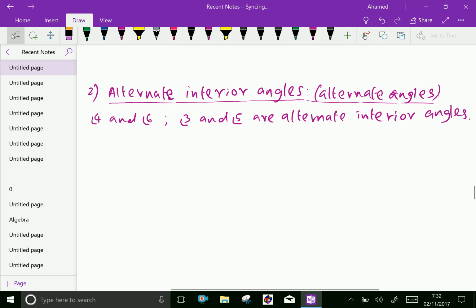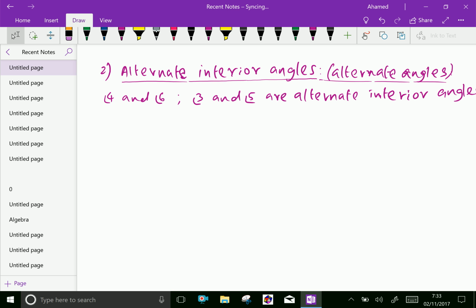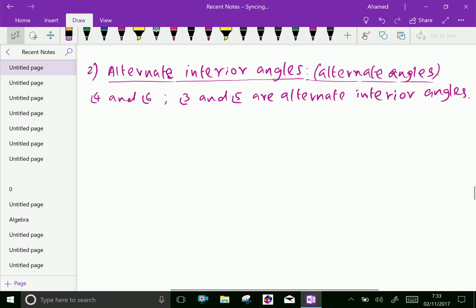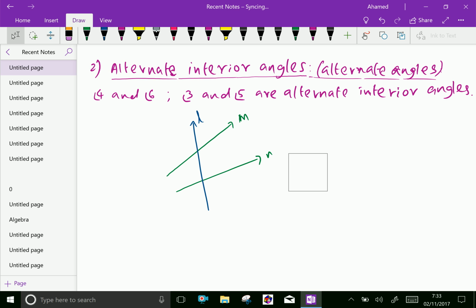Next, alternate interior angles. Look at this figure: the lines M and N, and the transversal L. Suppose we take the interior angle 3 here and angle 5 here.